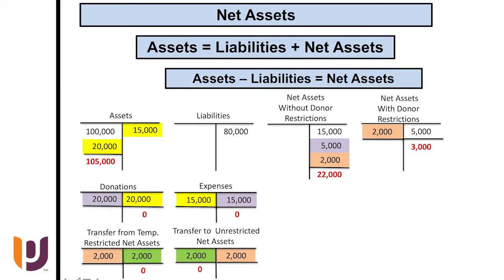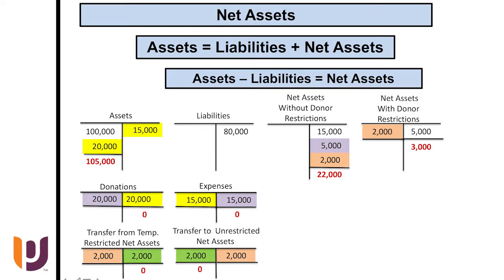At the end of the year, we will close out the donation and the expense accounts to the unrestricted net assets. The transfer accounts will be closed to their respective net asset accounts. Assets are now $105,000: the $100,000 plus the $20,000 minus the $15,000.